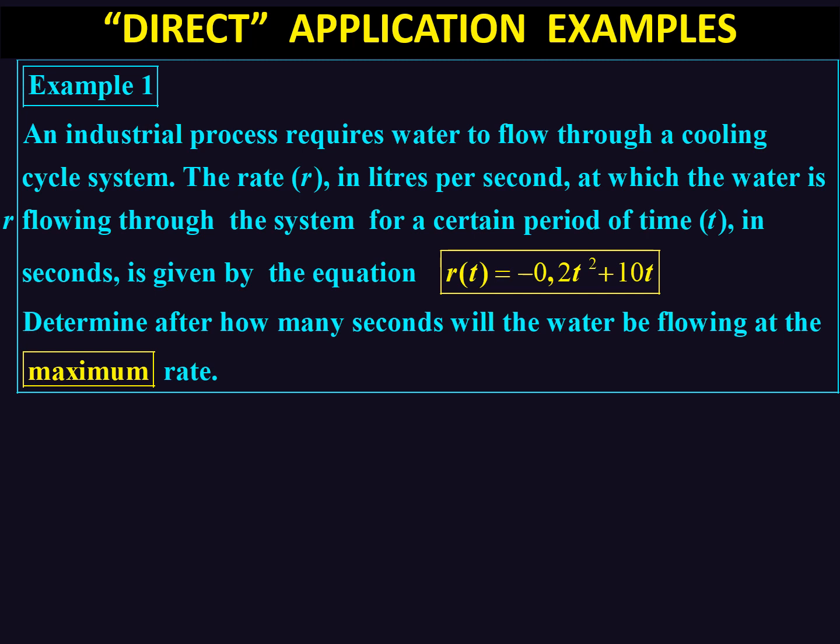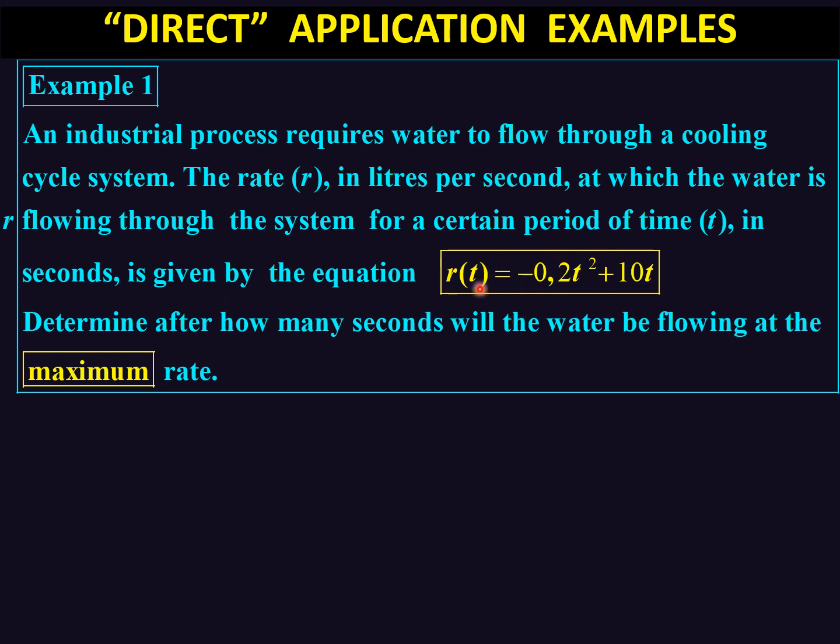Now let's look at some direct application examples. The first one: we have a production process or industrial process which requires water to flow through a cooling system. The rate R in liters per second at which the water is flowing through the system for a certain period of time, in seconds, is given by the equation.